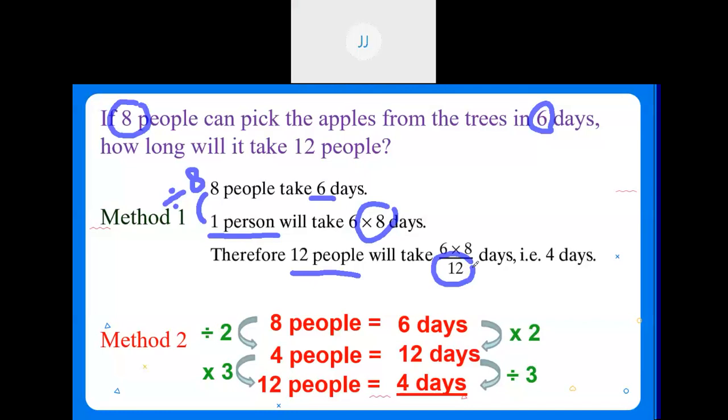Teacher, why do fewer people have more days? Okay. Have you ever gone to the grocery store to buy some apples? For example, you buy 10 apples and they are consumed only by you, one person eating one apple a day.